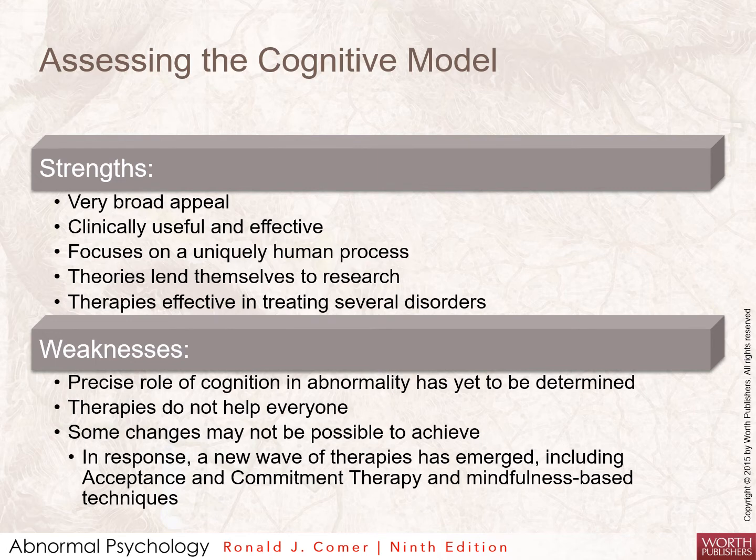So the strengths of the cognitive model, they have very broad appeal. Cognitive behavioral therapy is huge. It's highly respected. You can research it. The therapies are effective and it can be short term. So if you have just a simple phobia, you might be able to do cognitive behavioral therapy for a few months to deal with your phobia effectively. Obviously, if it's agoraphobia, it's going to take a lot longer.